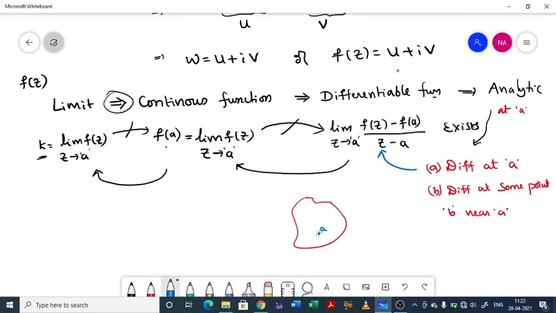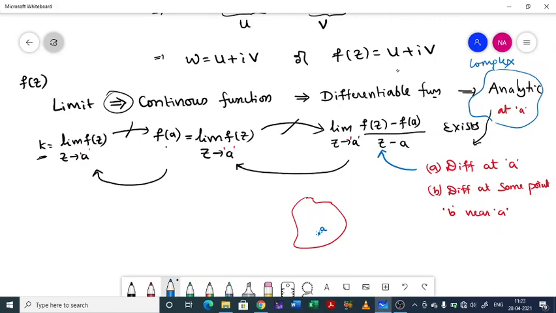So we have a chain of functions: limit, continuous, differentiable, analytic. Analytic is discussed only for complex functions, not for real valued functions. Every analytic function is differentiable, every differentiable function is continuous, and every continuous function possesses a limit.